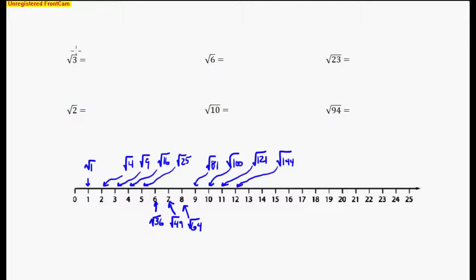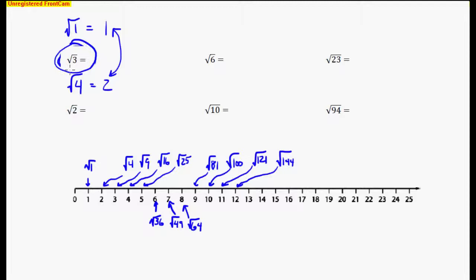Well, the square root of 3, I could put a circle around that, would be in between the square root of 1 and the square root of 4, right? Because the square root of 1 is 1. The square root of 4 is 2. So that means the square root of 3 would be in between 1 and 2.